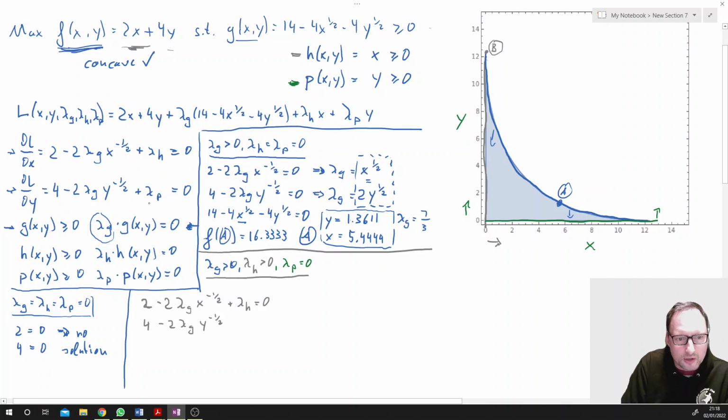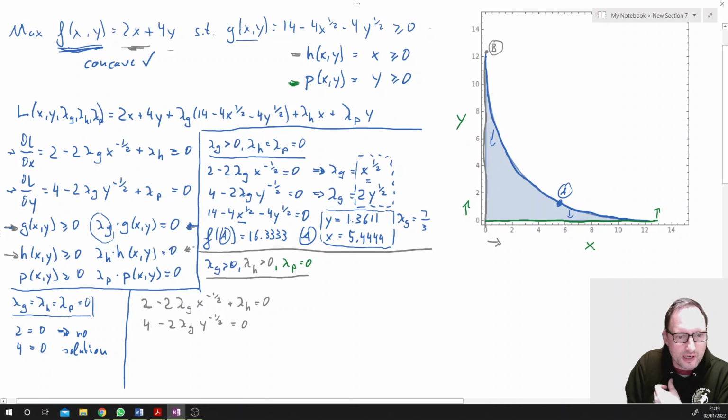And here we only have the lambda p, but that's 0, so that is 0. So now we have two equations, but we have four unknowns: x, y, lambda g, and lambda h. That means we need two more equations, and they come from the g and from the h constraints.